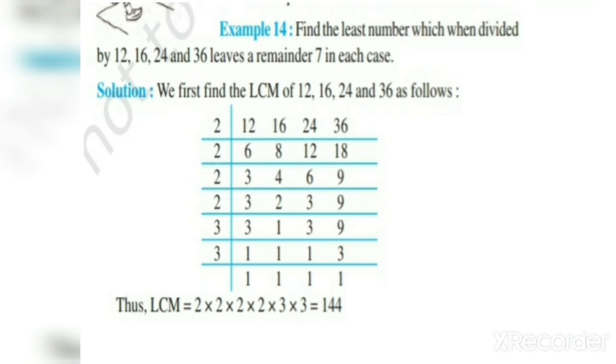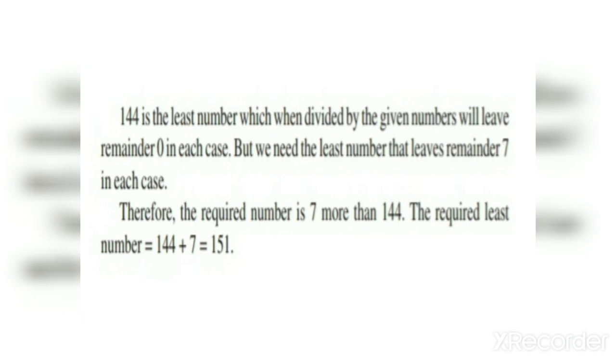The LCM of these 4 numbers is 144. But in the word problem it's given that it leaves a remainder 7 in each case when divided by 12, 16, 24 and 36. And what will we do? LCM is 144. 144 is the least number which, when divided by the given numbers, will leave remainder 0 in each case.